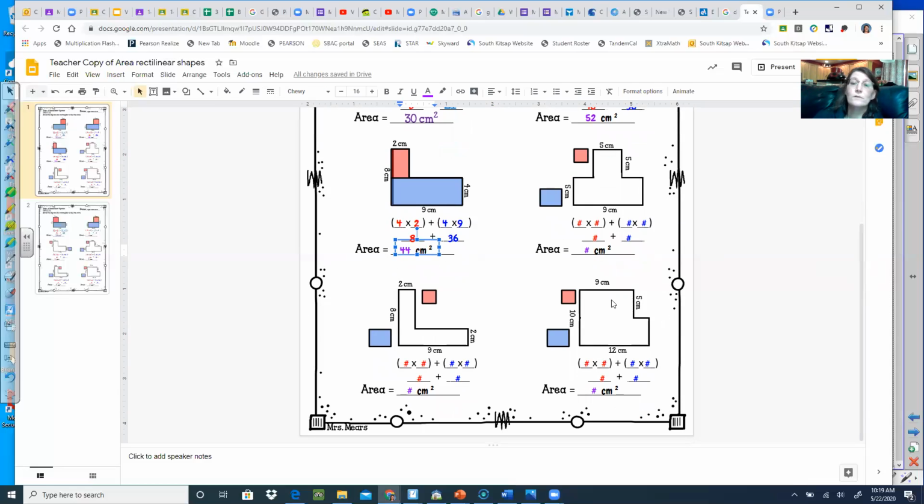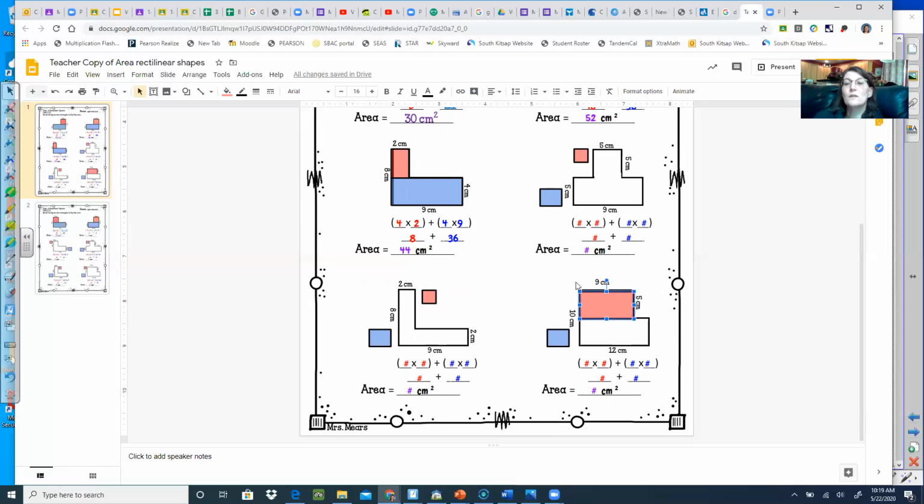Okay, now let's come down and do this strange fat guy here. Alrighty. You can either do it as that, or you could do it more like a square.